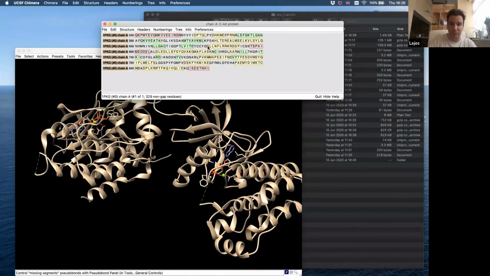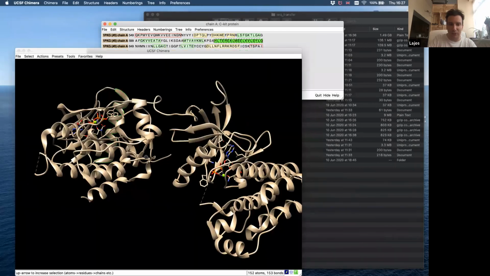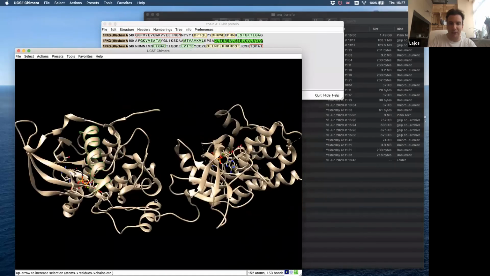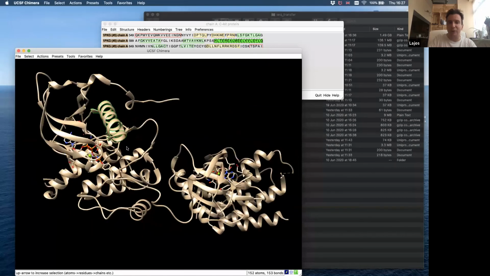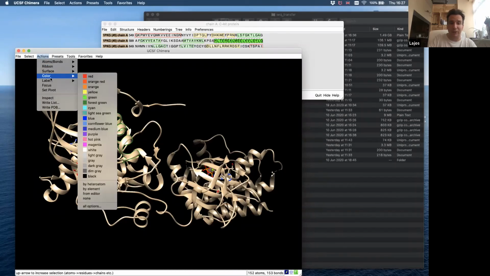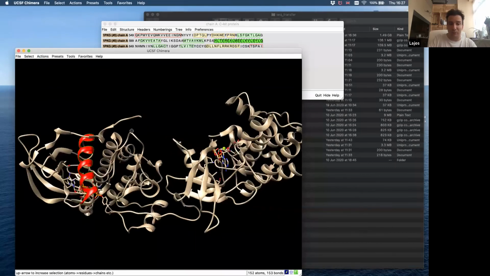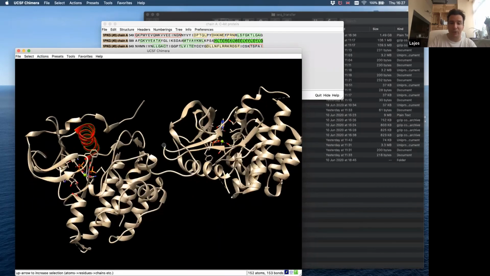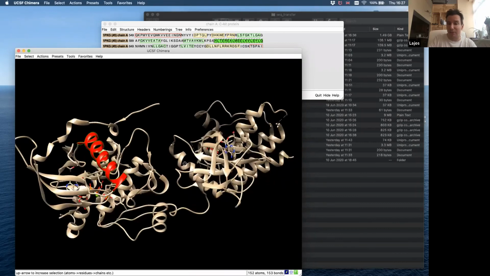I think the green ones are beta sheets probably, and the yellow ones are helices. If you simply drag and highlight this part, it will also be highlighted on your structure, as you can see here, by this green border. But if this is your part of interest, you can simply color it red, and from that moment that part will be highlighted in red.